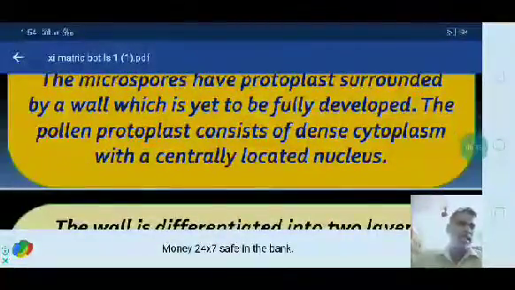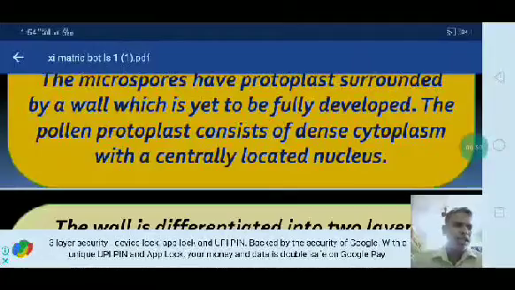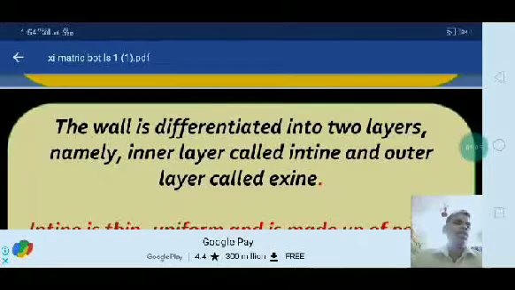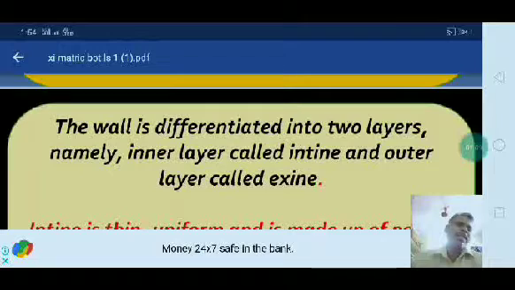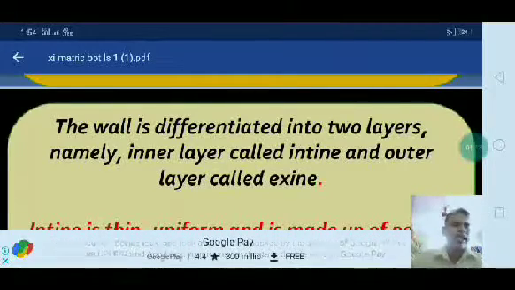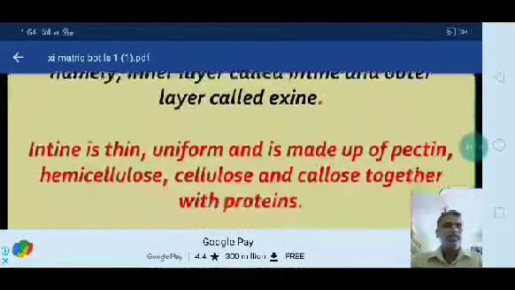The wall is differentiated into two layers: the inner layer called intine and the outer layer called exine.